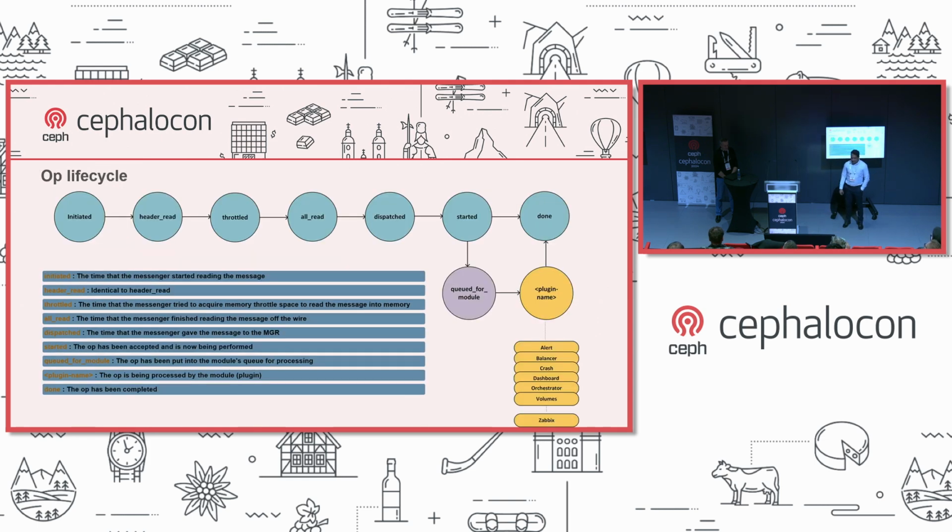Okay, so this is the op life cycle, how it goes through the different states. Initiated and header read are the same, when the messenger layer at the manager started reading the message containing that command.